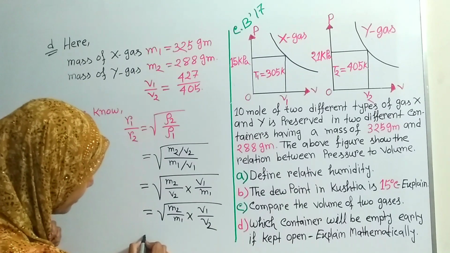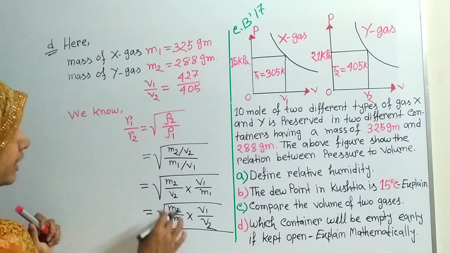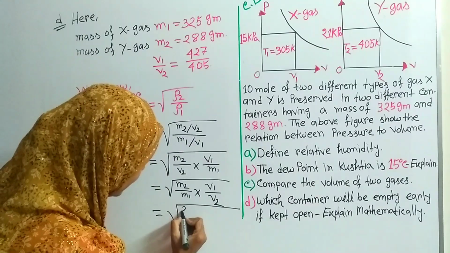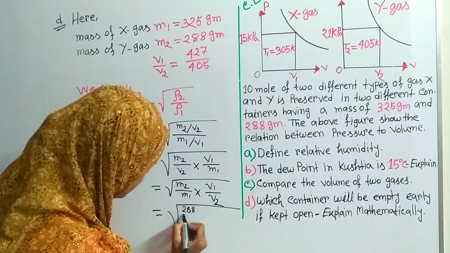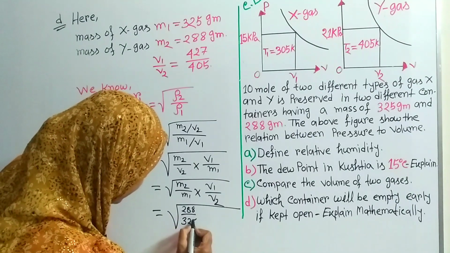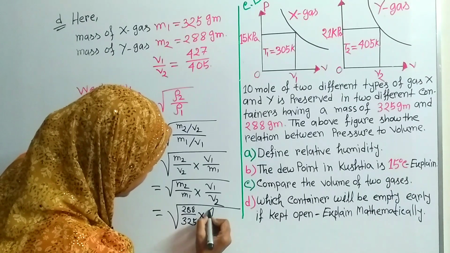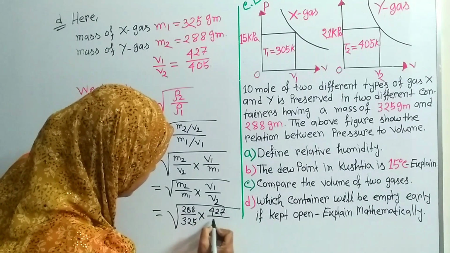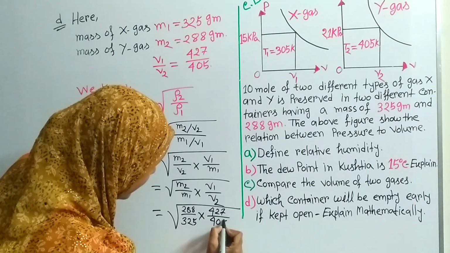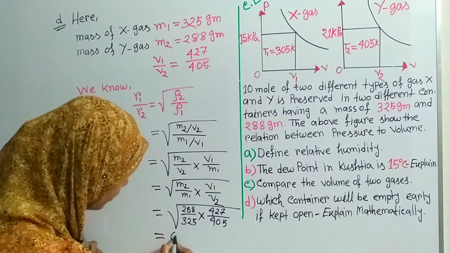Now I am going to put all the information given here. M2 by M1, 288 divided by 325, into V1 by V2, that is 427 by 405.